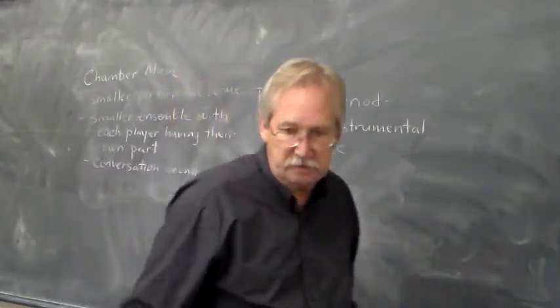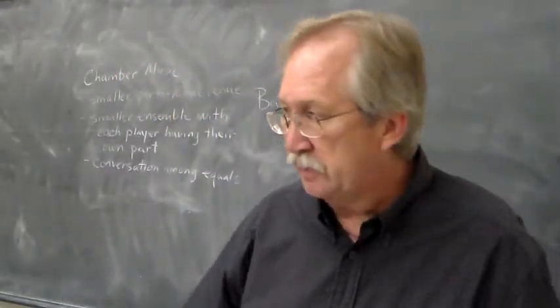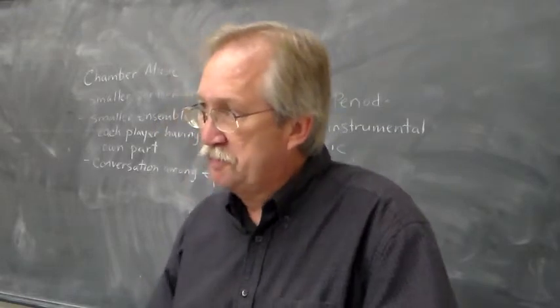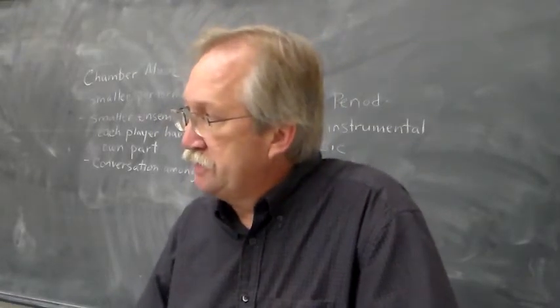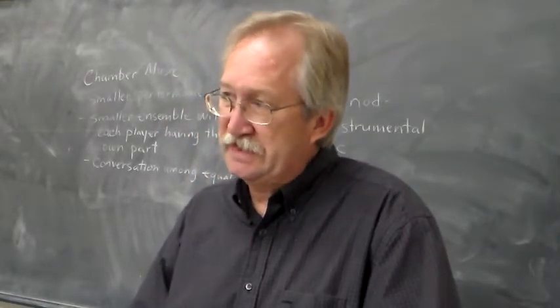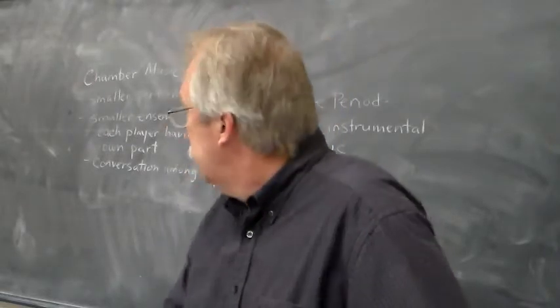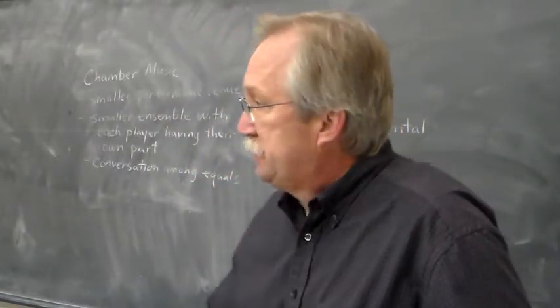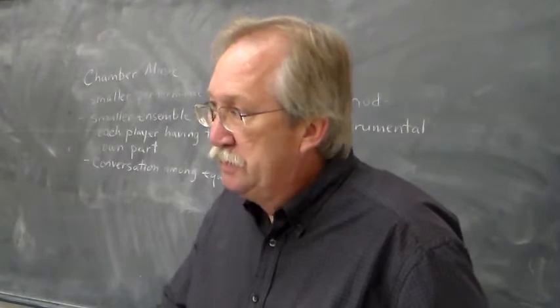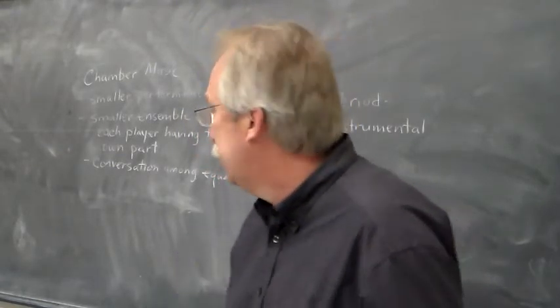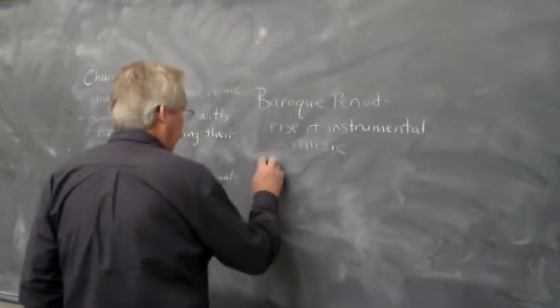And so this just references the fact that composers were starting to write for specific combinations of instruments. So they had a specific timbre in mind. And the most important type of chamber music that arose in the 17th century is the trio sonata.